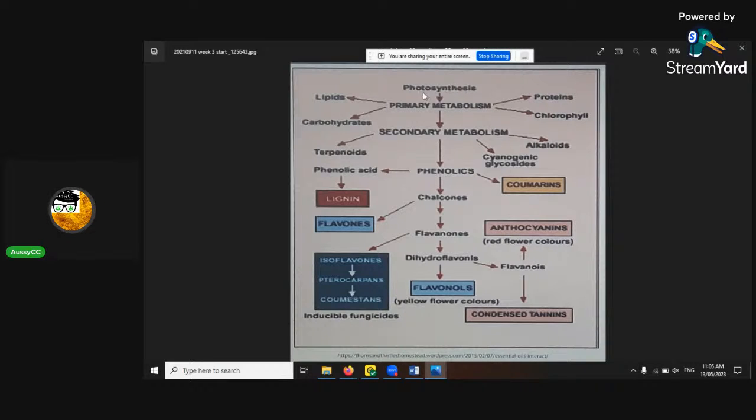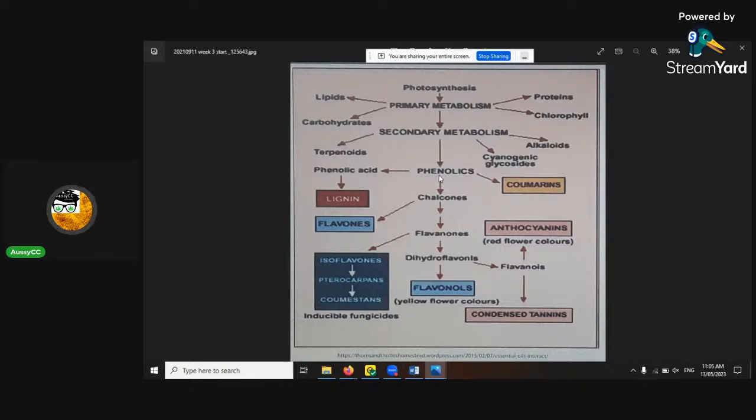So this is the pathway for the plant. As it photosynthesizes, it produces its primary metabolism, which is proteins and chlorophyll, lipids and carbohydrates. Then it'll go into the secondary metabolite profile, and it'll start producing terpenoids, alkaloids, and cyanogenic glycosides. After that, it goes with the phenolics.